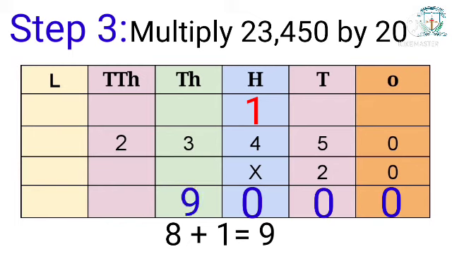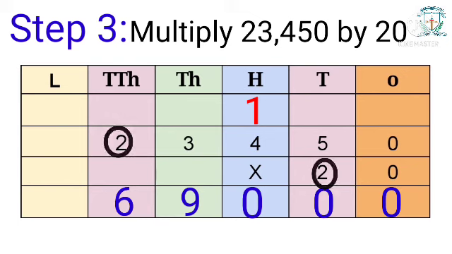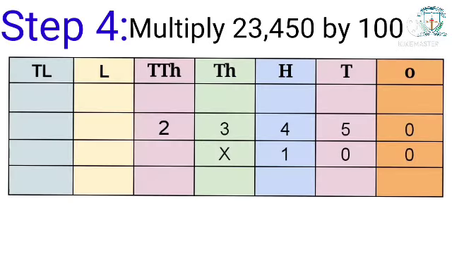Write 9 in thousands column. 2 threes are 6. Write 6 in 10,000s column. 2 twos are 4. Write 4 in lakhs column. So, the product obtained here is 4,69,000.